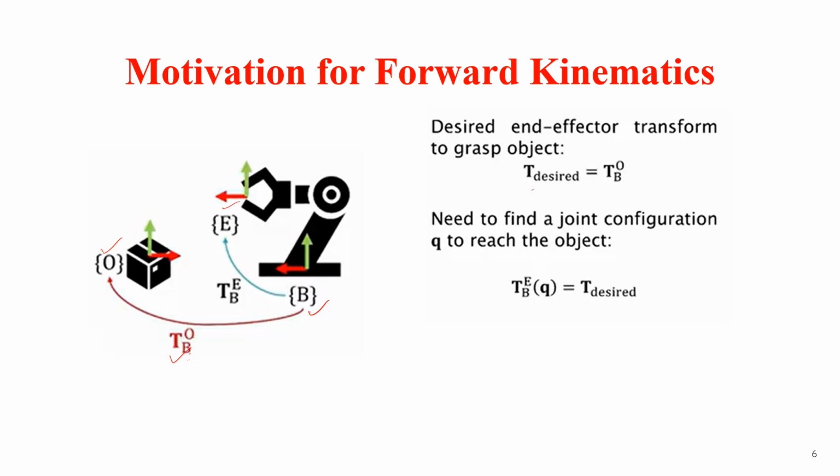In order to grasp the object, this transformation is desired. First you need to know, from the base frame, what transformation is required to reach the end effector frame, so that you can make the end effector frame transformation matrix and the object frame transformation matrix both equal, right? So we need to find the joint configuration Q to reach the object.